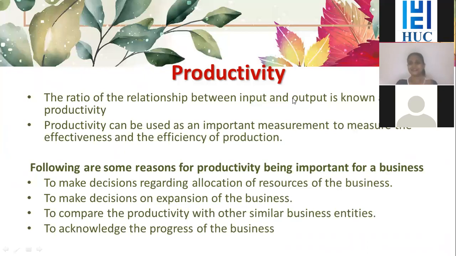Like that we can increase the productivity. Likewise, businesses can take a lot of decisions through that to develop their business. So when allocating resources also, this is very important, right? For the expansion of business also, this is important.